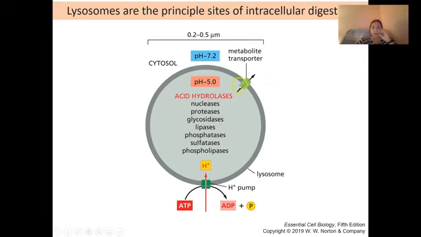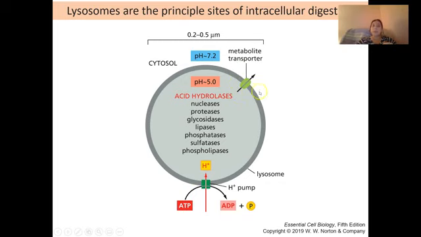You will also see that the pH is a lot lower inside these lysosomes compared to the outside. The pH of a typical lysosome is 5.0, which is a lot lower than what you see in the cytosol at 7.2. In the lysosomal membrane, you will find that there are a lot of proton pumps that are bringing in these protons to fuel these reactions, using ATP to power this reaction.